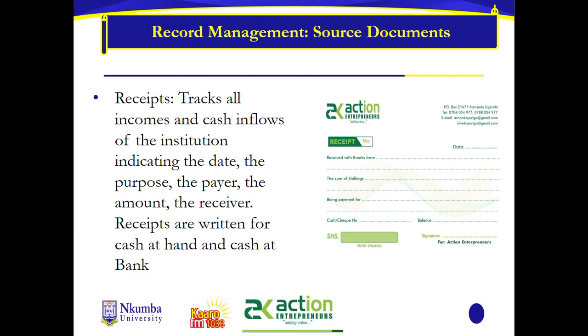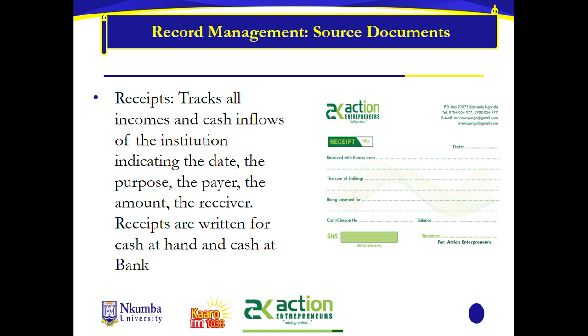So now, we have records that we use to track transactions, cash inflows and cash outflows. And without tracing transactions, it is hard to give accountability, and almost impossible.